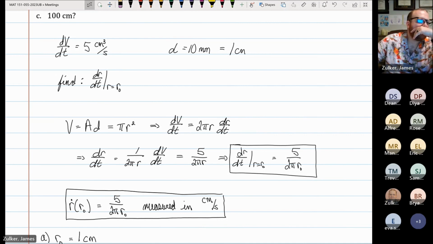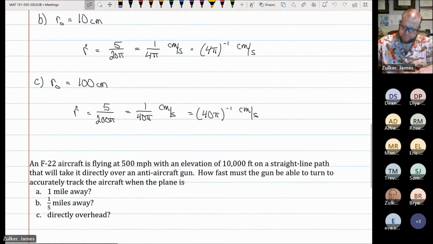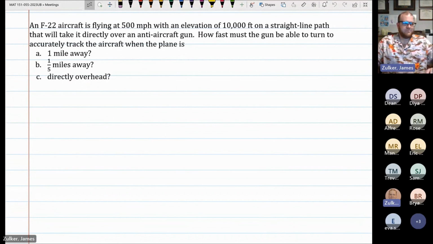That's too similar. So I'll just do this one. An F-22 aircraft flying 500 miles per hour with an elevation of 10,000 feet on a straight line path that will take it directly over an anti-aircraft gun.